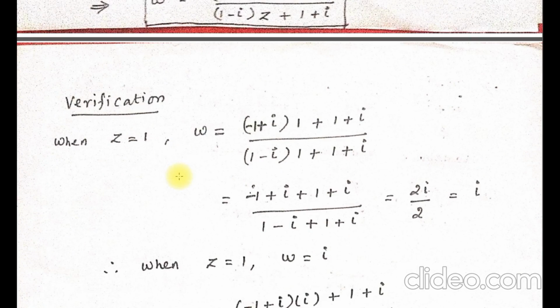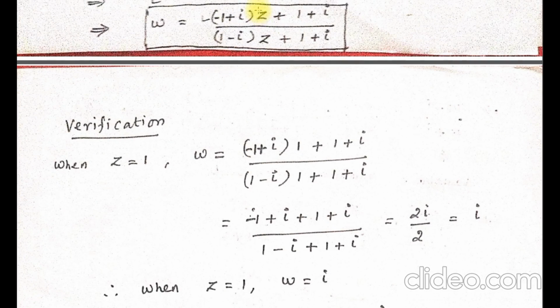If I put z equal to 1, I have to get w equal to i. That is what is given in the problem. So I put z equal to 1 in this transformation: (-1 plus i) into 1 plus 1 plus i, by (1 minus i) into 1 plus 1 plus i. I have to simplify this.